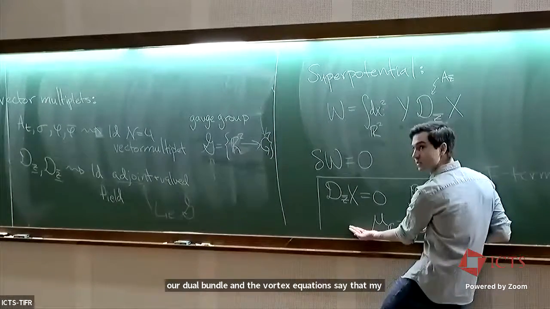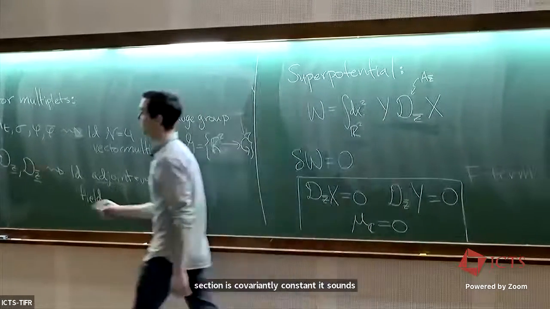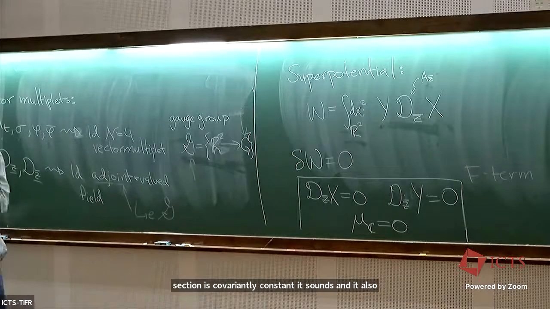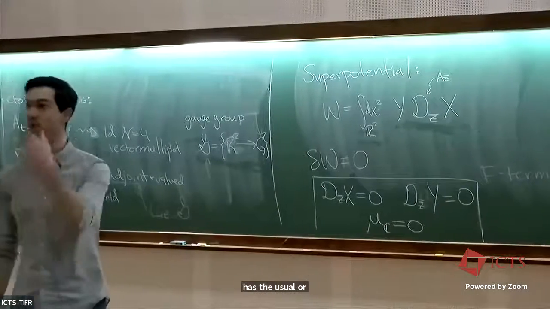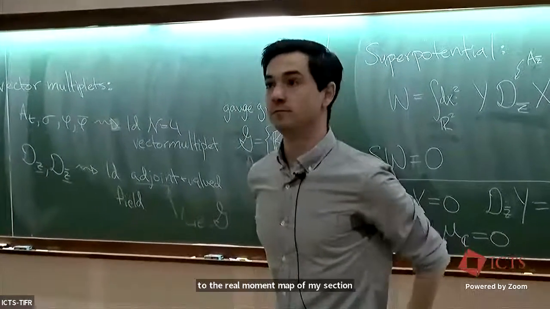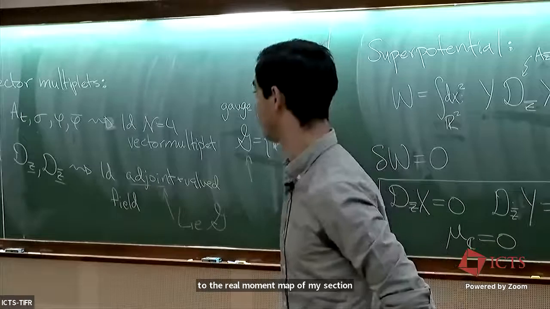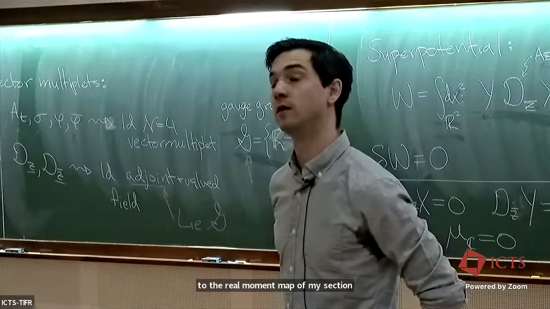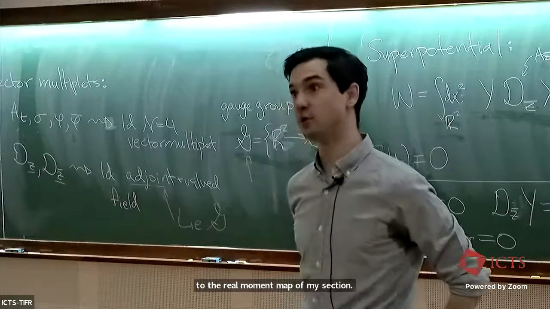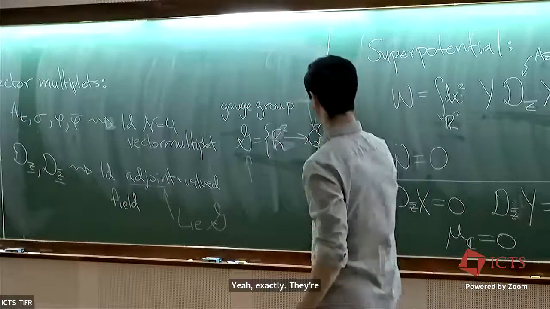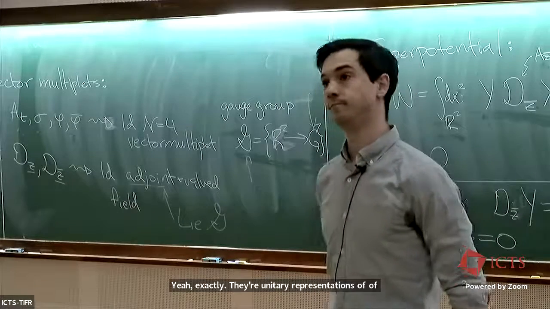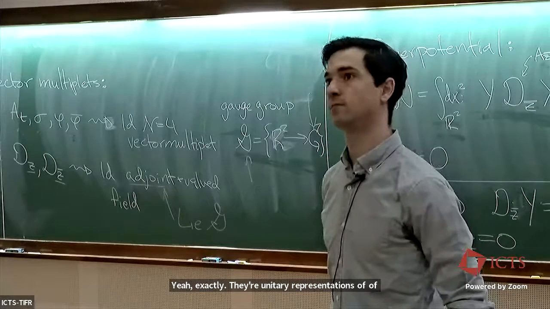It satisfies this complex moment map constraint. And it also has the usual vortex equation that relates the curvature of my gauge field to the real moment map of my section. Yeah, exactly. They're unitary representations of non-calligraphic G.